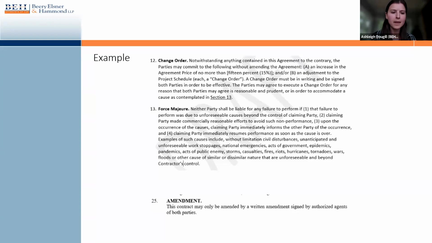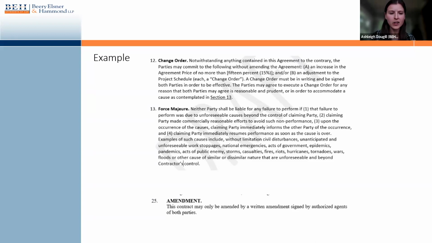And then finally, you have this force majeure language. Often in contracts that you review, a section is not expressly titled force majeure. You can just tell that it's force majeure by this long laundry list of examples at the end. That is very common for force majeure sections. This is no exception.